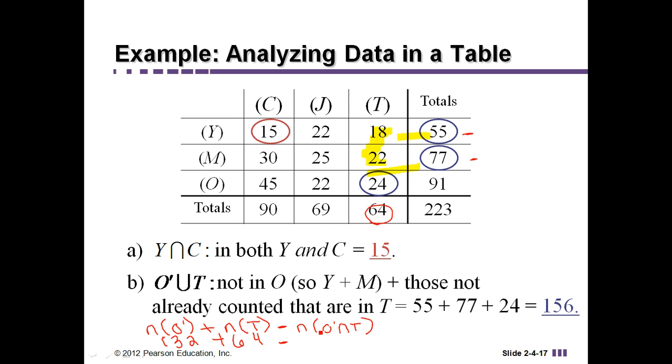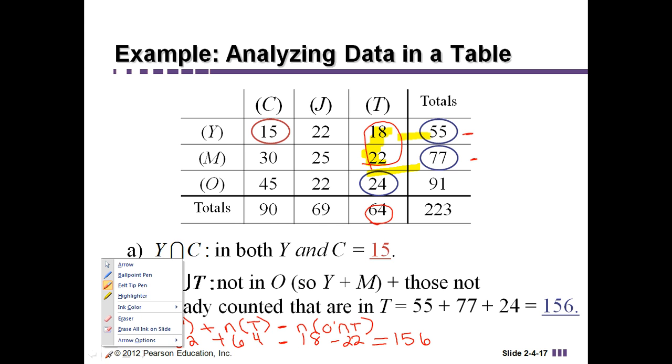The cardinal value of the intersection of those two things would be these two values right here. So I would subtract 18 and subtract 22. And you'll notice if you do that math, you'll also get 156. So that's how you can do the same problem using the cardinal value rule. Sometimes it's easier to use the cardinal value rule, and sometimes it might be easier to look at a chart. It depends on the problem.